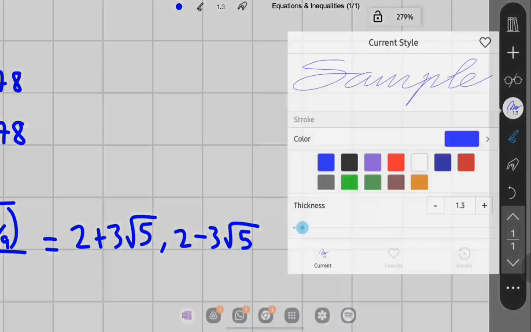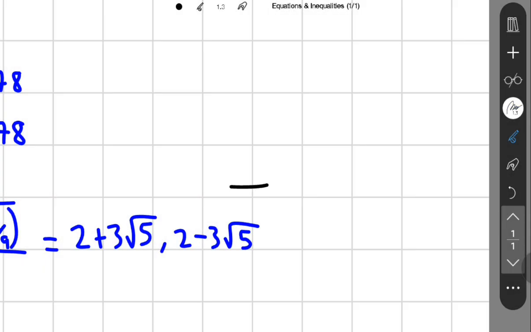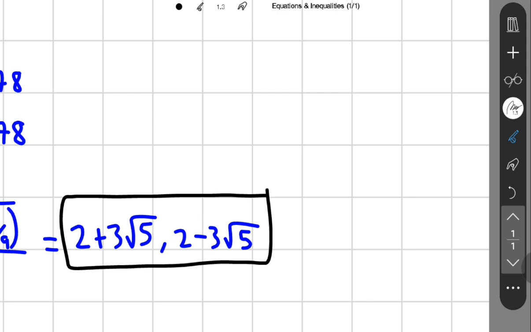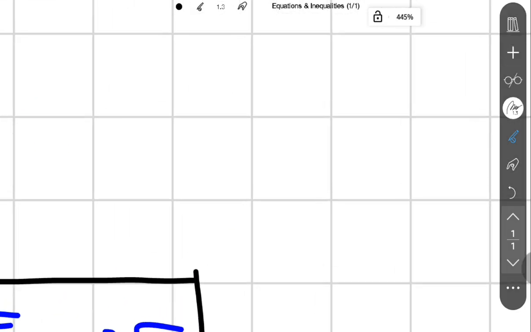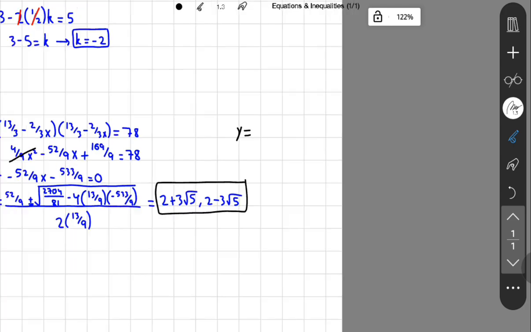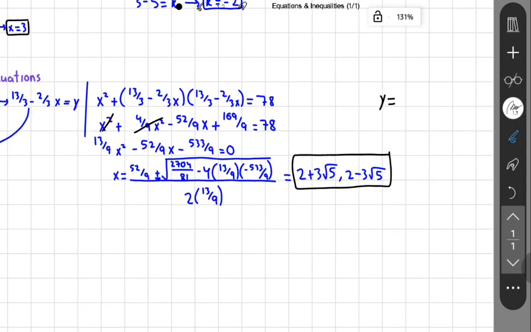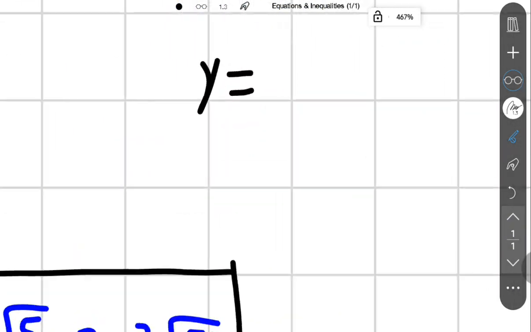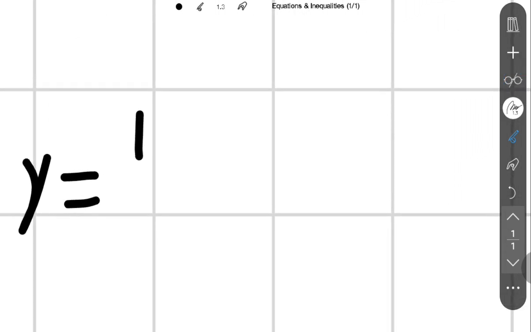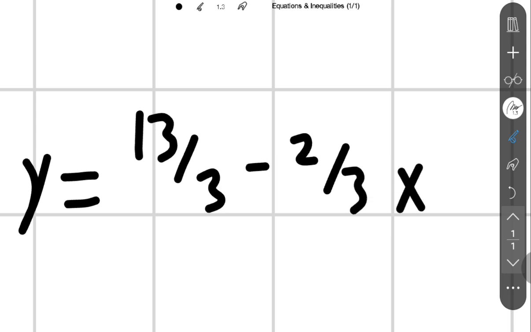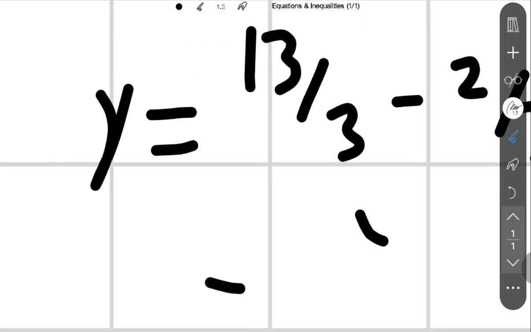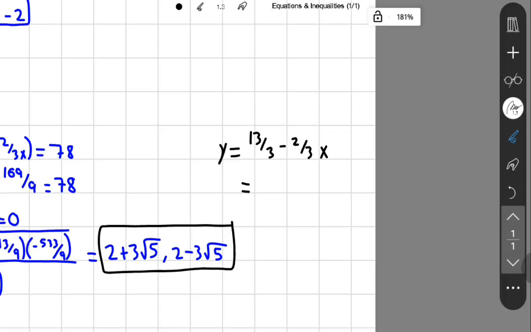So wait, let me just keep these in a box for myself. And now we have y equals 13 over 3 minus 2 over 3x. So the possibilities of y, once we replace x with the two values, so we have 13 over 3 minus 2 over 3 times 2 plus 3 root 5.